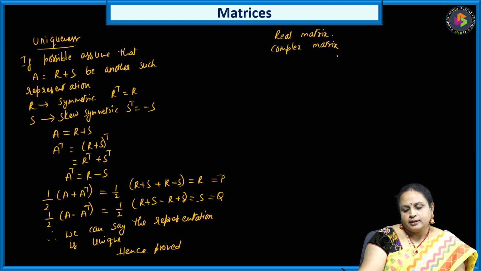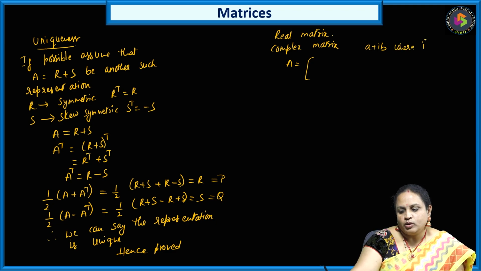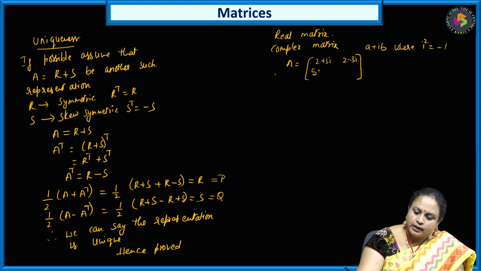A complex number is a plus ib where i square equals minus 1. So, a complex matrix can be like this: 2 plus 3i, 2 minus 3i, 5i, 8 plus 7i. This is a complex matrix in which the elements are complex numbers.